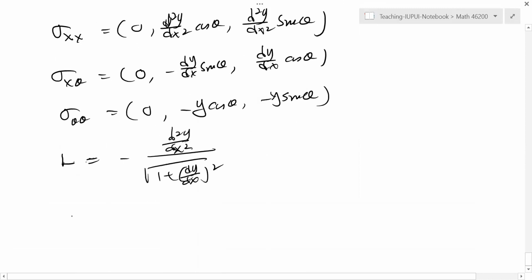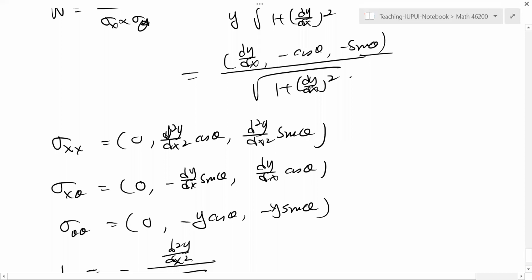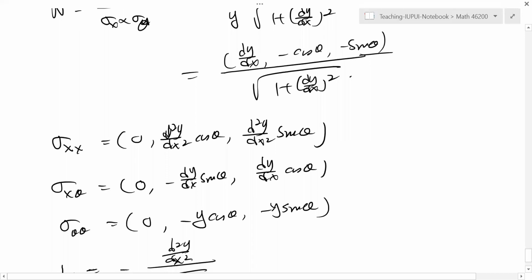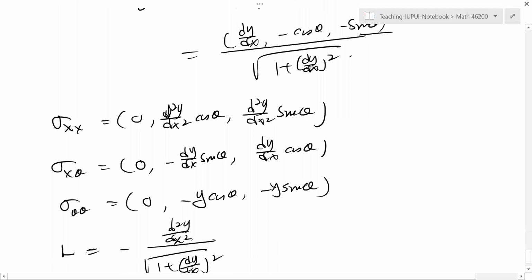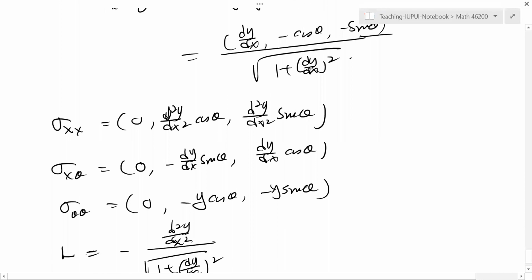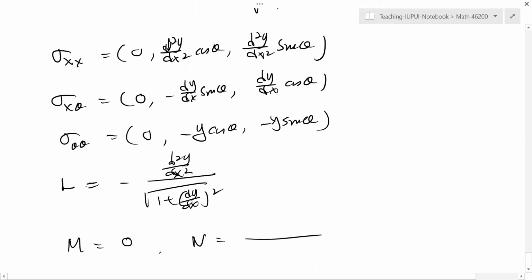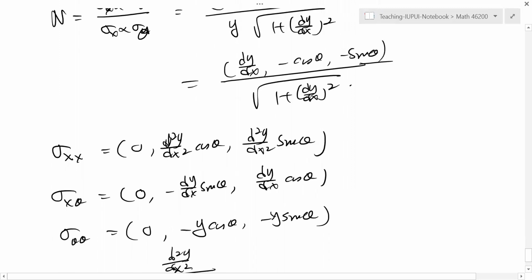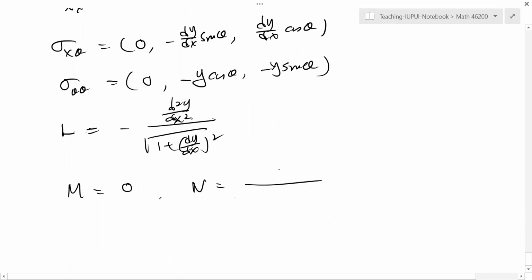Right. So M, I think it's going to be 0 because they have the opposite sign. Theta. So M is 0. N is going to be negative. Negative becomes positive.